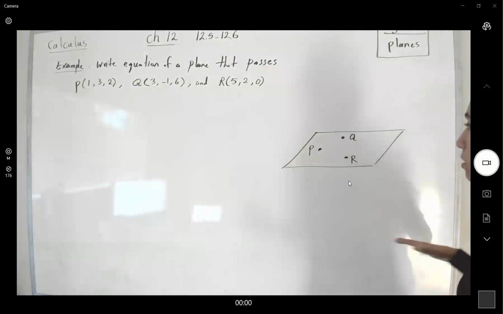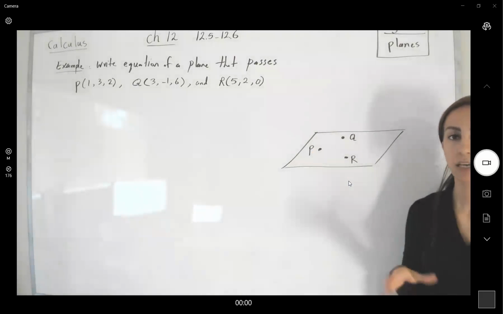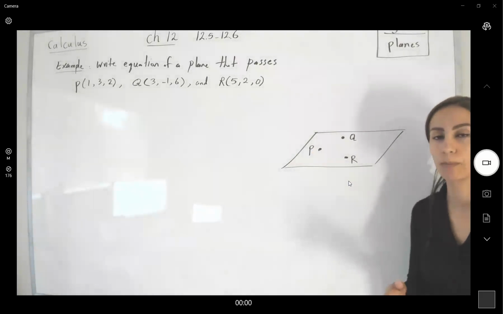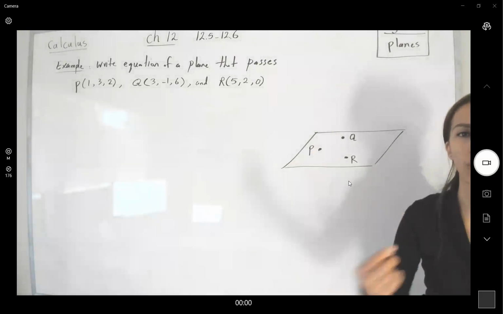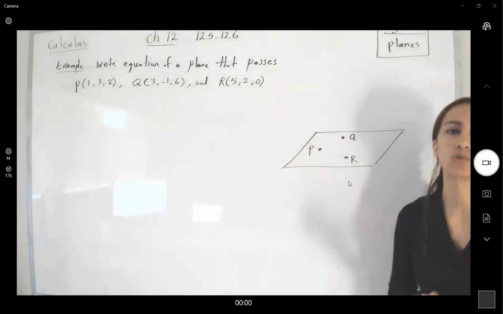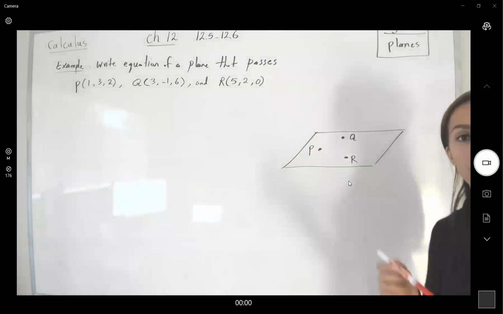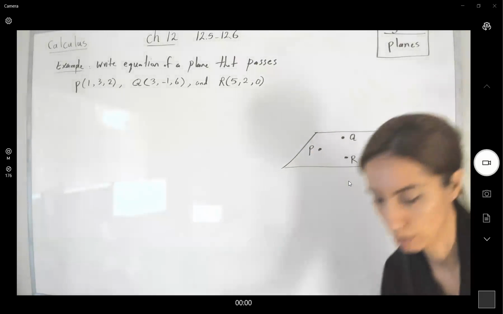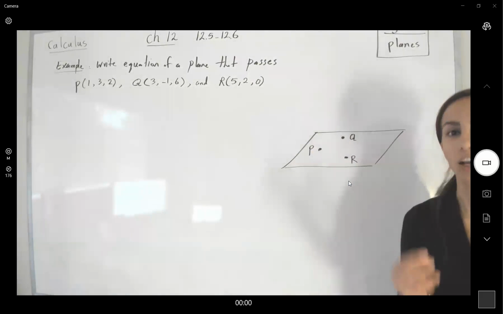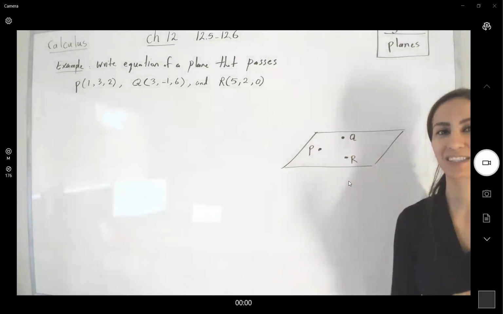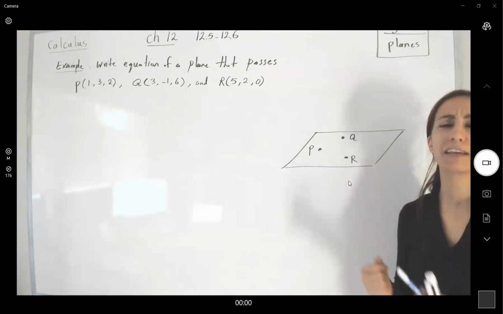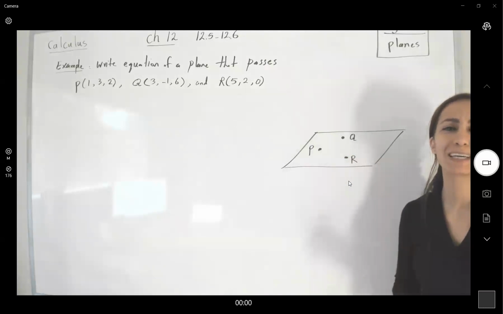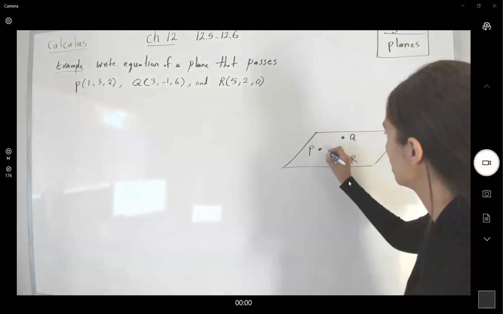So in general, when you have 3 points in the plane, your job is to find the normal vector. What is the normal vector? To find the normal vector, you're going to construct 2 vectors on the plane, then find the cross product between them, and then we have our normal vector.